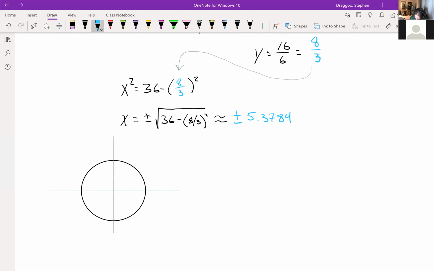We have x and y at plus or minus 5.4, 8/3. It's more than 2, but not quite 3. So looking at points like here and here. We also found our critical point at 0, 2, which is about here-ish.